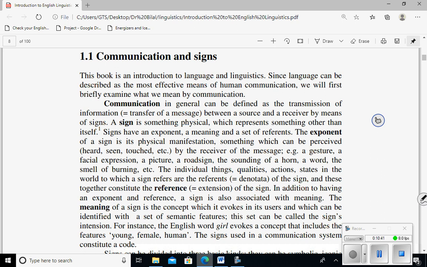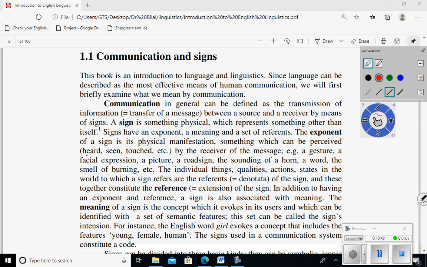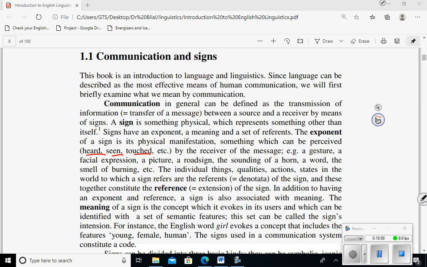When we say physical, it means that it can be heard, seen, touched, etc. And this is known as the exponent of the sign, or the physical manifestation. It should be physical, heard, seen, or touched.